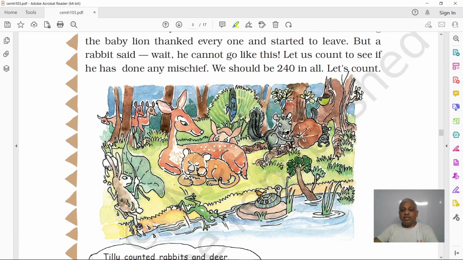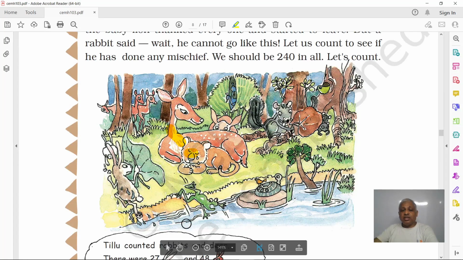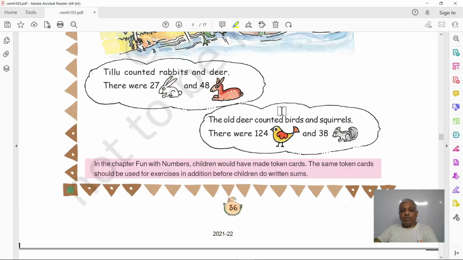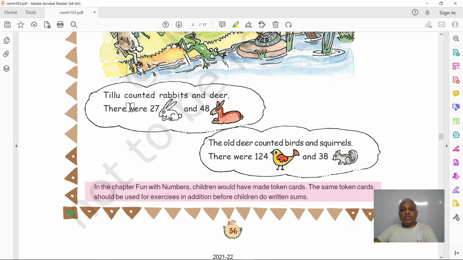Okay, this is the baby lion near the deer, and these are the other animals here in the forest. So they want to count their number. That number should be 240 in all. Okay, now they counted the rabbits and deer, and they were 27 rabbits and 48 deer.